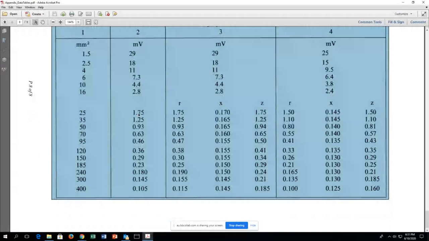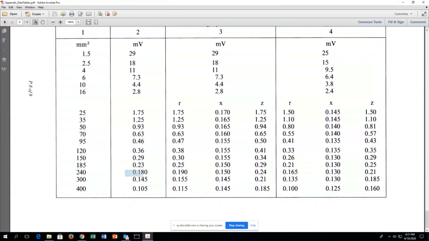Environment temperature 30 degrees. Now looking at these values, 0.18 millivolts per ampere per meter for 2 conductors. So this cable has a voltage drop per ampere per meter smaller than 0.187.